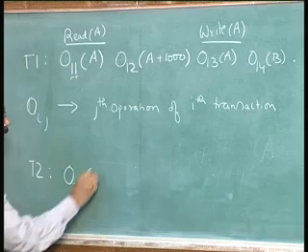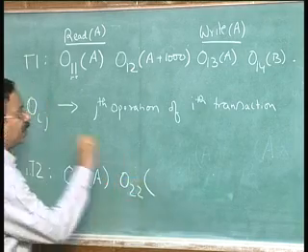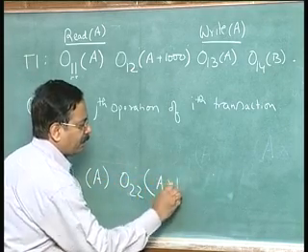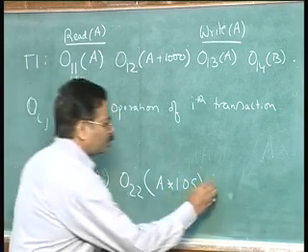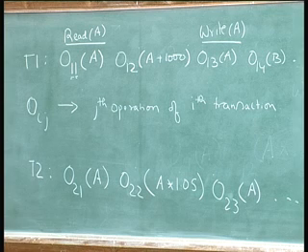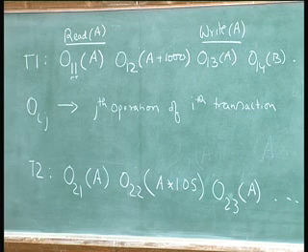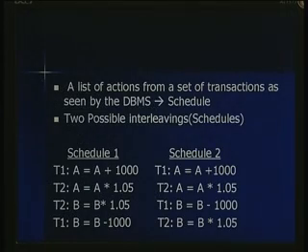O21 is going to be a read of A, then the O22 operation is going to be an update on the value of the data item, and then O23 is going to be a write of again A. The rest of the operations are as shown in the earlier case for B. A list of actions forms a set of transactions as seen by the DBMS.